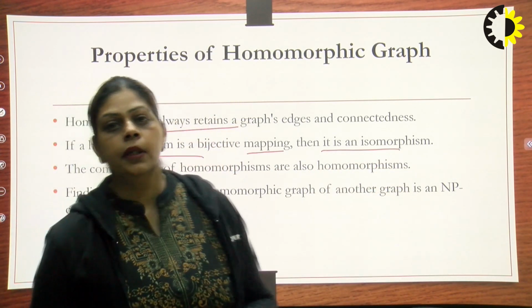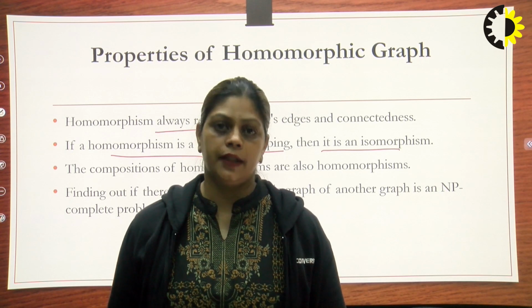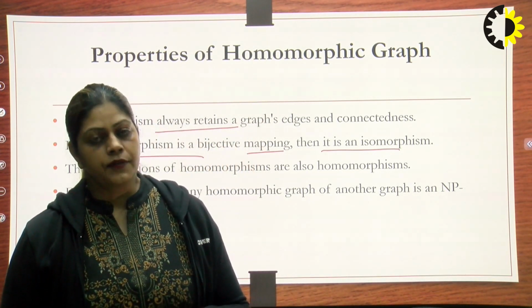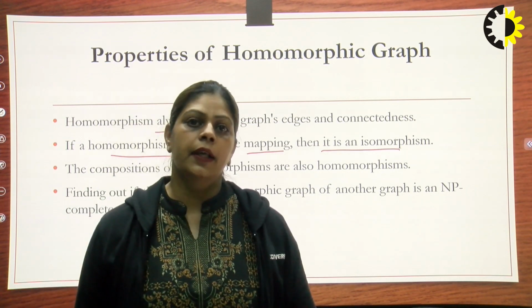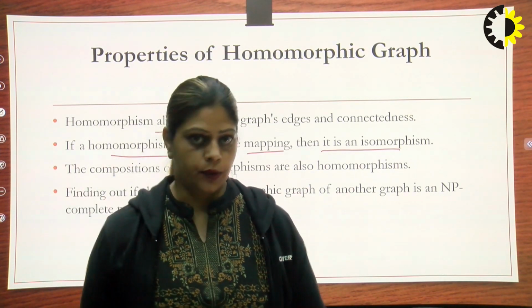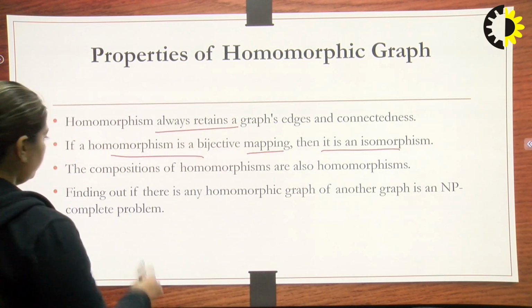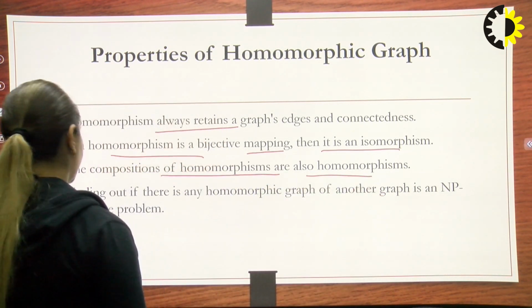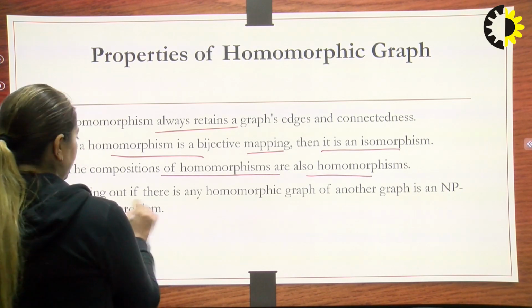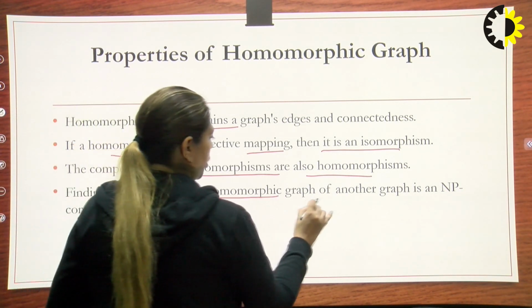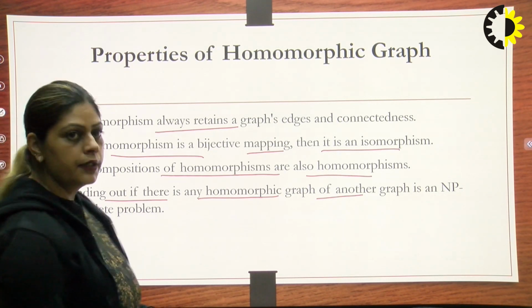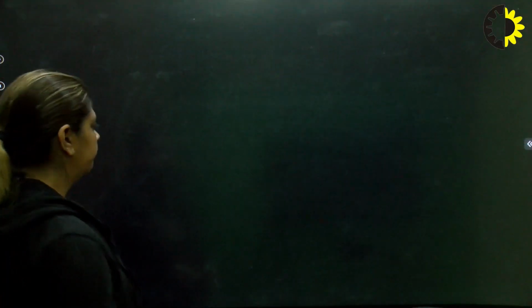If we are able to map every vertex with a unique vertex in both the graphs, then that homomorphism is also an isomorphism, right? The compositions of homomorphisms are also homomorphisms. Finding out if there is any homomorphic graph or another graph is an NP complete problem. Thank you.